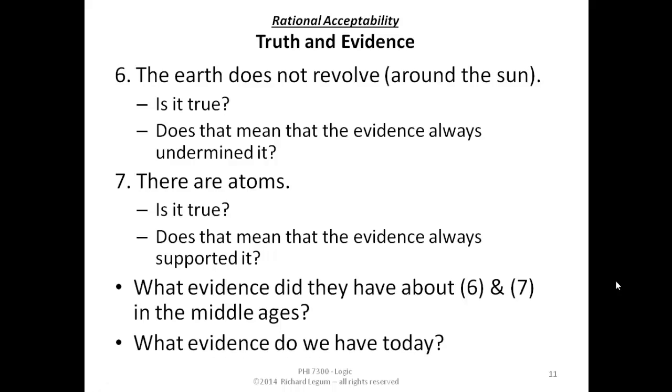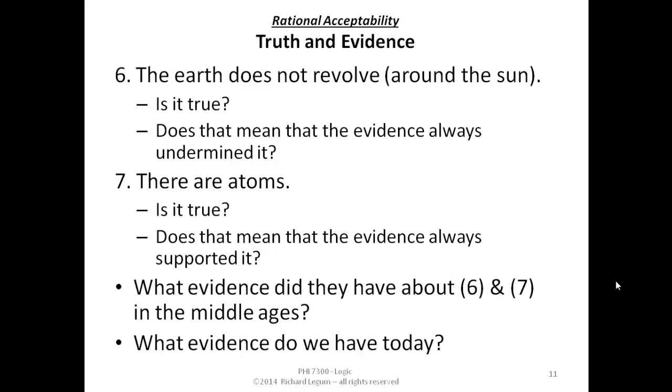Similarly, look at the evidence we have today. Notice the evidence that we have today turned it all around. That is, we found out that the earth, in fact, does revolve around the sun, so the earlier claim is false. And we found out that there are atoms.